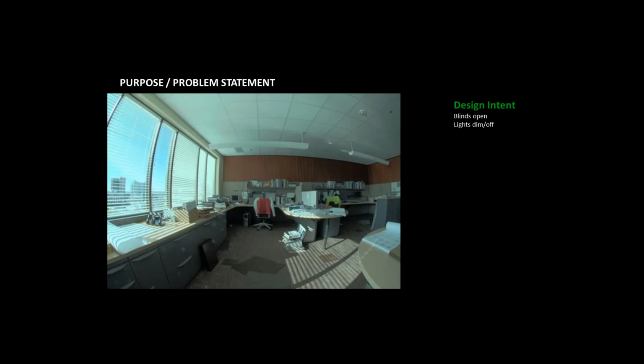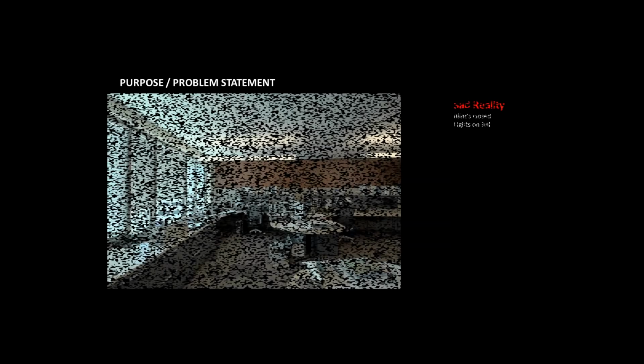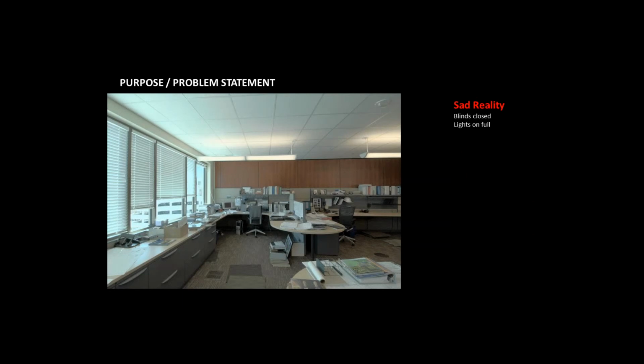But there is another issue. Our design intent is blinds open in good conditions and lights dimmed. But the sad reality is occupants let the blinds close and lights on. So that's the issue we have to account for in our simulation.